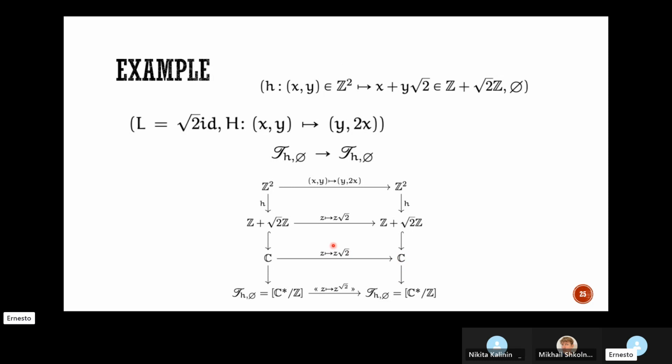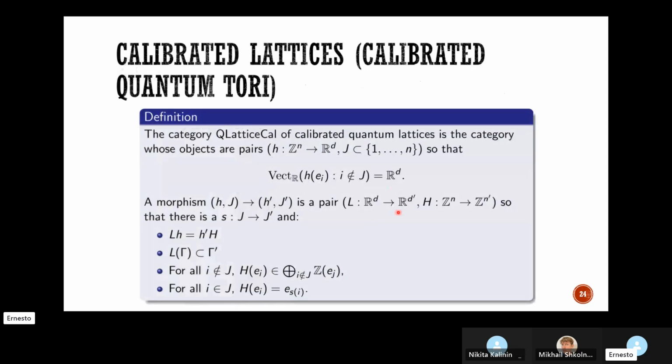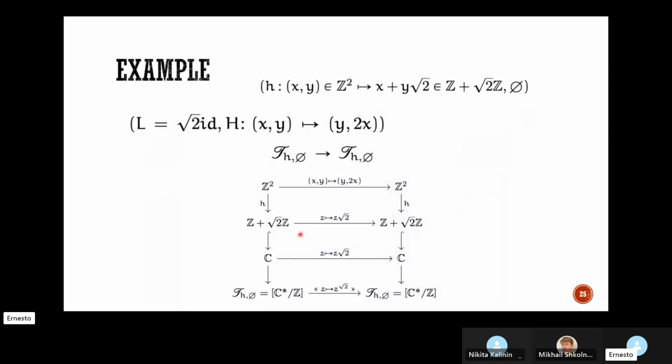L goes from R to R, but it can be complexified. Here it is going from gamma to gamma. I just take the same matrix on the complex numbers. And this descends to C star mod gamma as a stack.